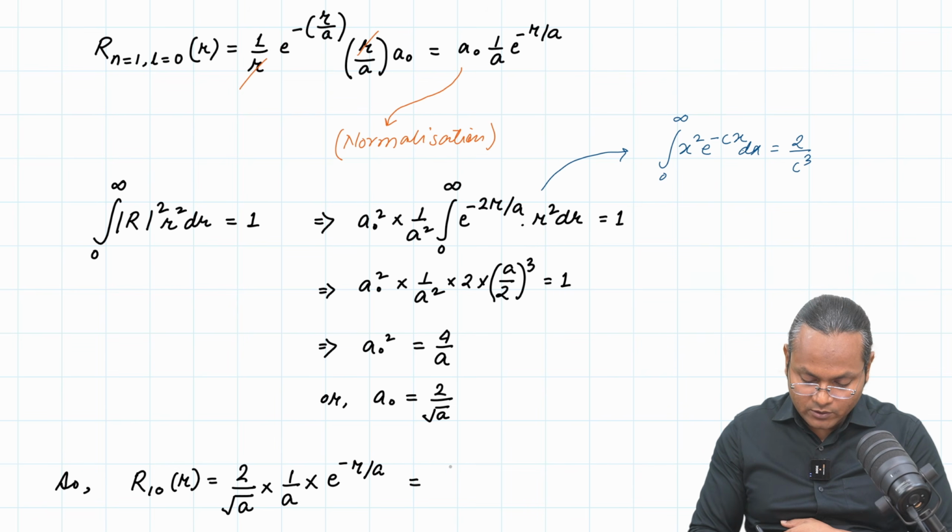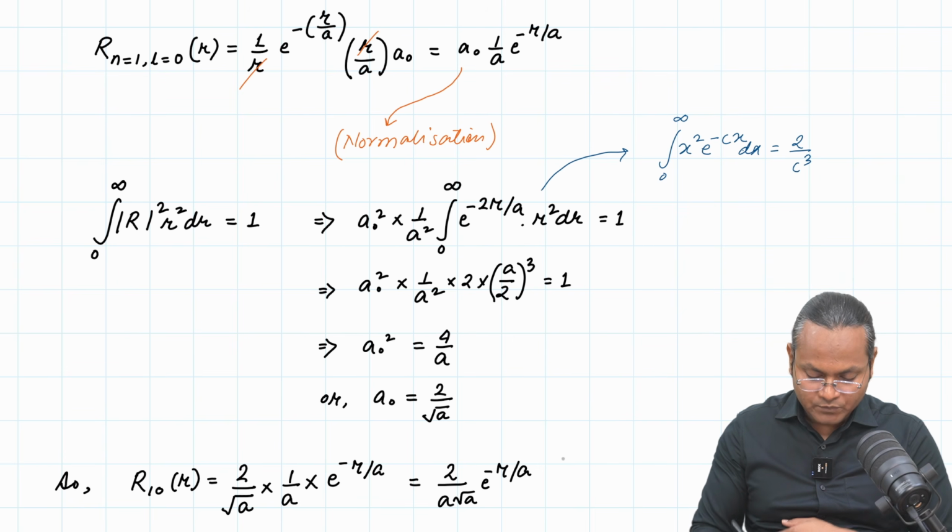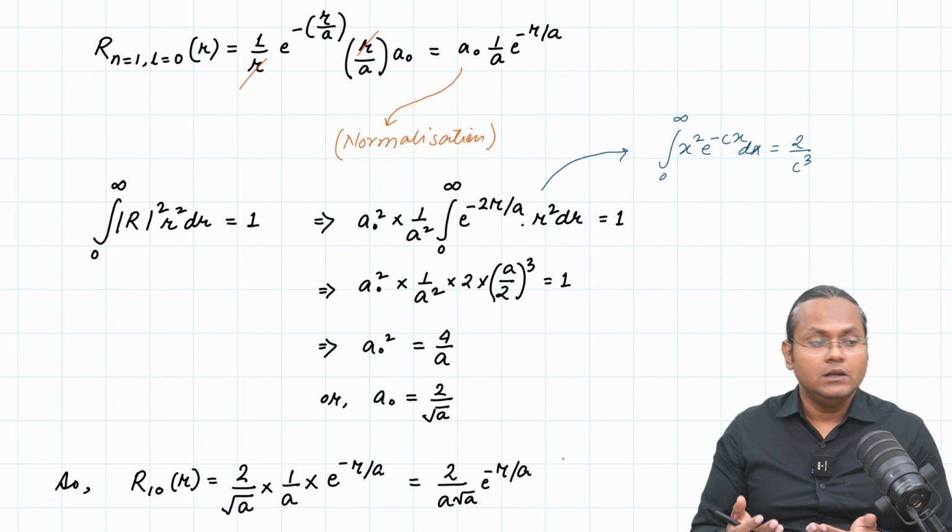So this is basically equal to 2 upon a root a e to the power minus r upon a. This is the ground state radial solution for the hydrogen atom.